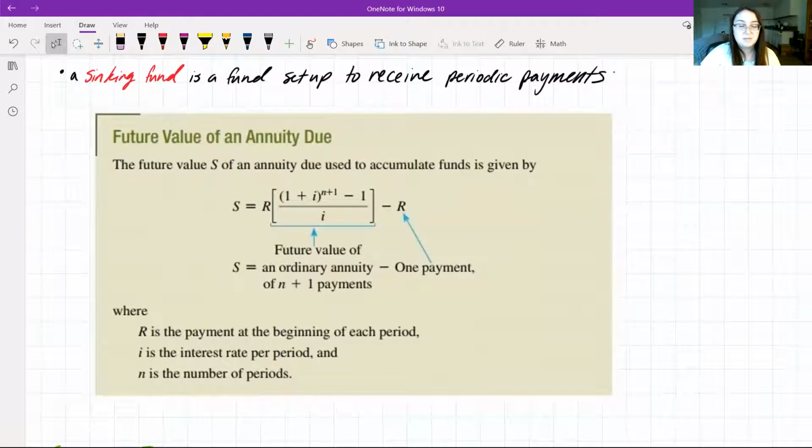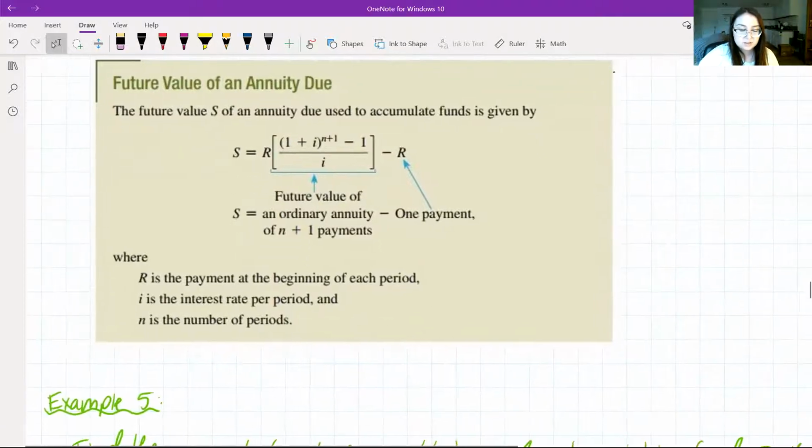Then we have a sinking fund, which is a fund set up to receive periodic payments. The future value of an annuity due, which is separate, we say the future value S of an annuity due used to accumulate funds is given by S = R times ((1 + i)^(n+1) - 1) divided by i, minus R. So S is equal to the future value of an ordinary annuity with n + 1 payments minus 1 payment.